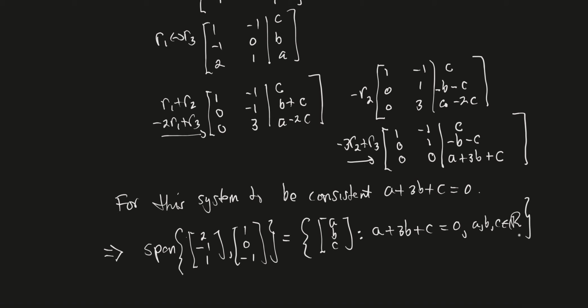And there we go. So now, not only do we have a way of determining if a specific vector is in the span, but we can actually describe all the vectors that are in the span of these two. If the components of my vector don't satisfy this condition, then this system won't be consistent, and therefore that vector won't be in the span.